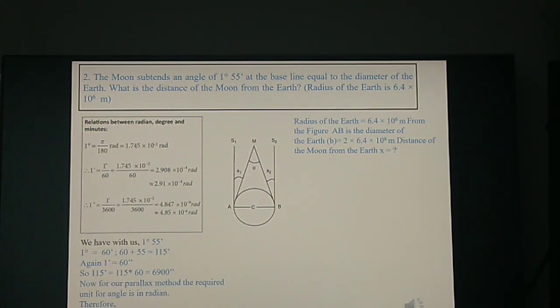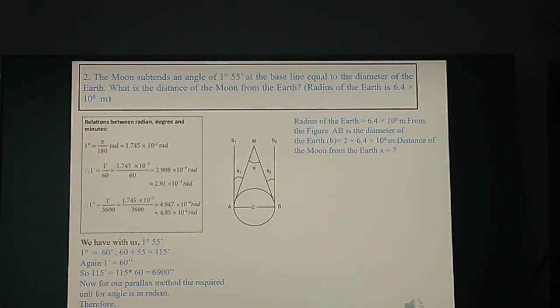It is 1 degree and 55 minute. So it is 60 minute plus 55 minute, which is 115 minute. Now 1 minute is 60 second. So 115 minutes is what? 115 into 60, which will be equal to 6900 second.